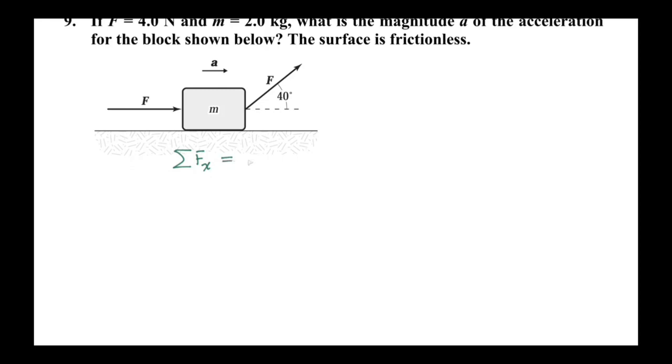Now sum of all forces on X equal to MAX, and in this case here we have F plus X component for this F here, F cosine 40 equal to MA.